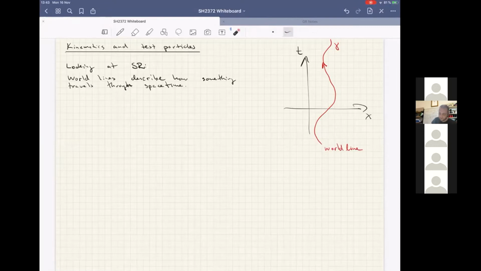So this just means that at this time, the object is at this point here. At this time, the object is at this point here, and so on. And we just borrow this concept directly from GR. A world line is going to be the path that an object takes in general relativity as well. So in SR, in special relativity, we also introduced the 4-velocity.